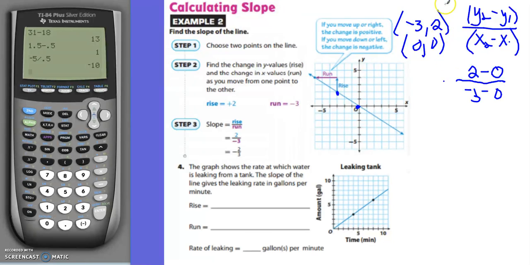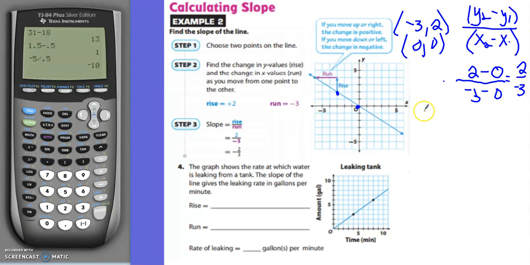It doesn't matter which one we choose to come first, but if you call this y2 and this is y1, then you have to call this x2 and x1. Just be consistent with your labels. Okay, 2 minus 0 is 2. -3 minus 0 is -3.